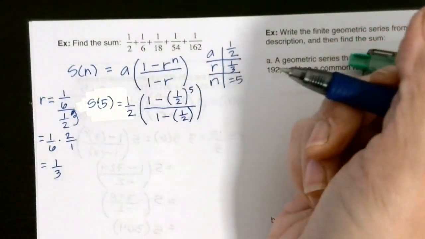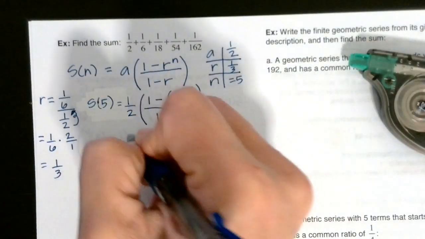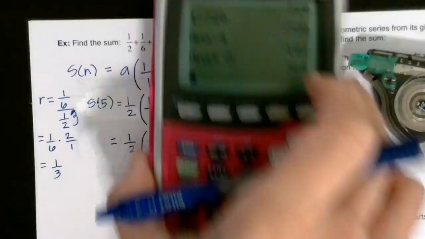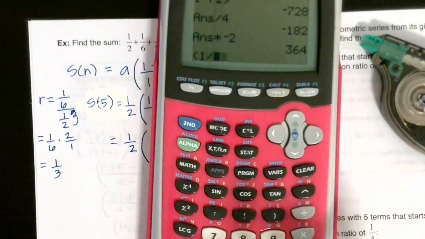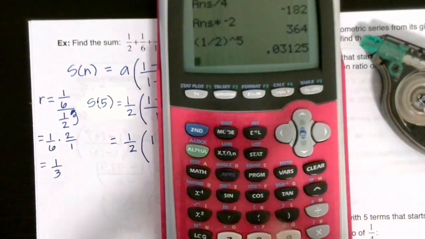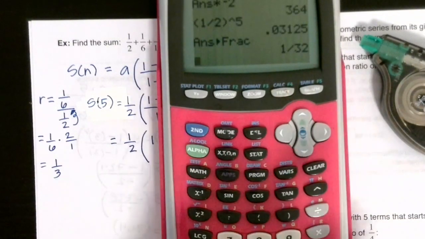You're going to keep this in fraction form. When you compute the power, you get a decimal, but I don't want you to write the decimal, so you hit math, enter, enter, and get 1 over 32.